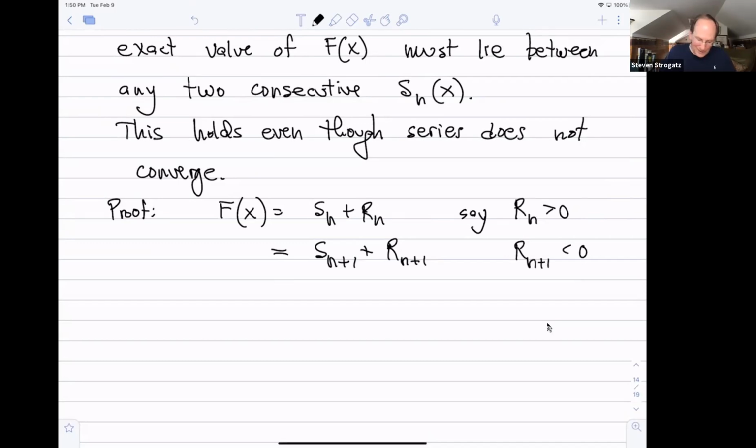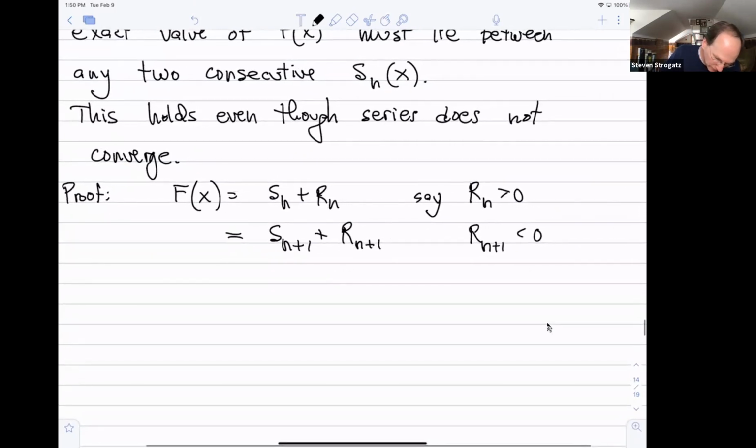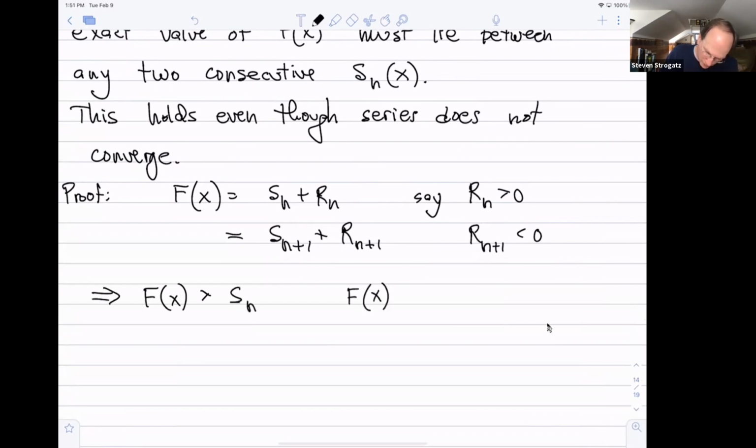Then because R_n is positive, that means that f of x is greater than S_n, but f of x is also less than S_(n+1), right?